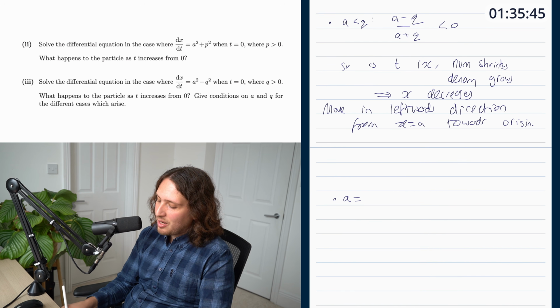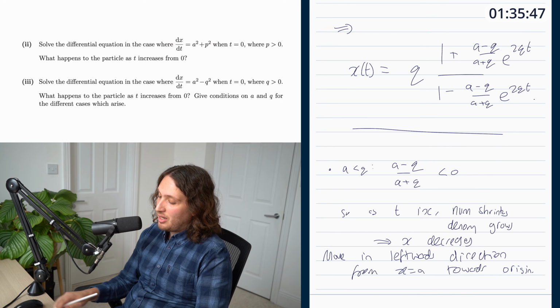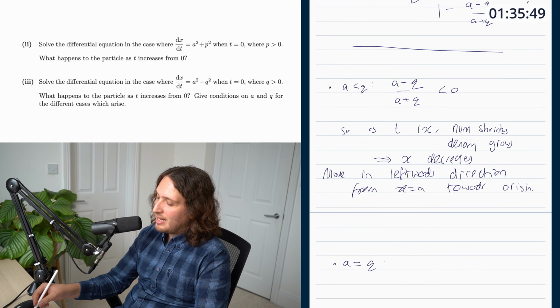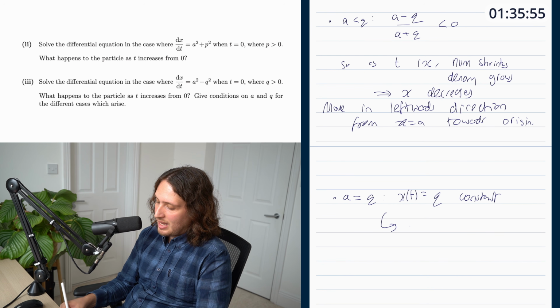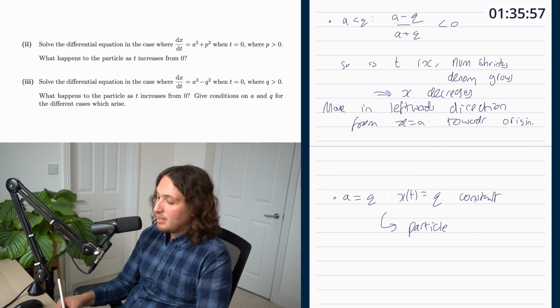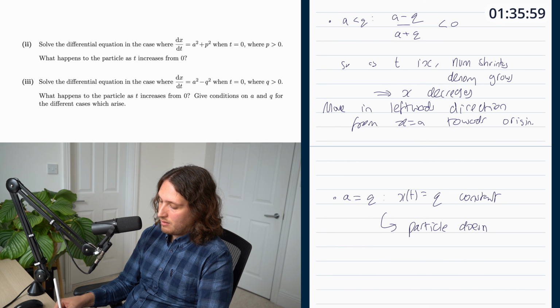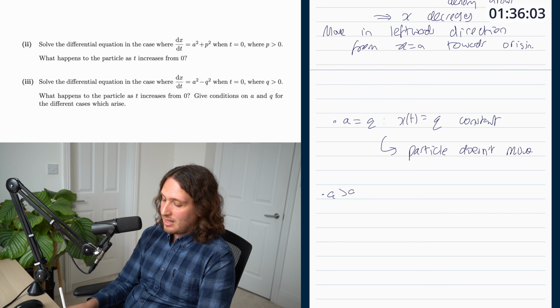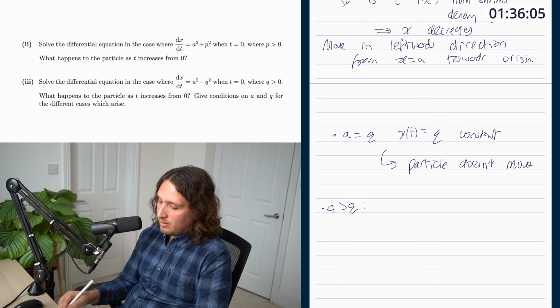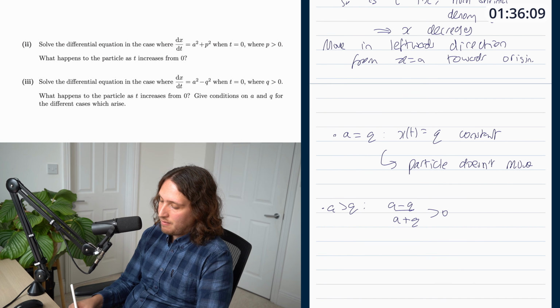If a is equal to q, then actually those coefficients are just nothing, and I just get that x of t is just q constant. And in that case, the particle doesn't move. And finally, if a is bigger than q, well, a minus q over a plus q is positive.